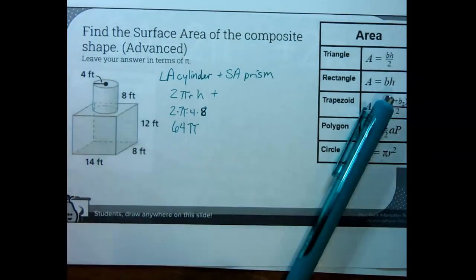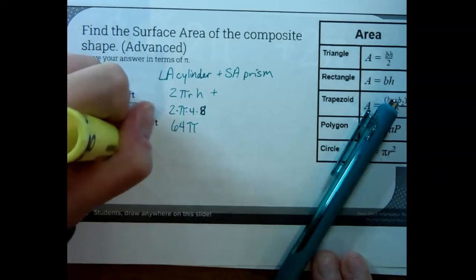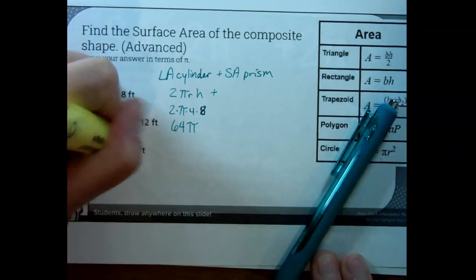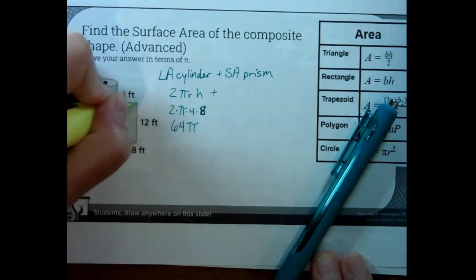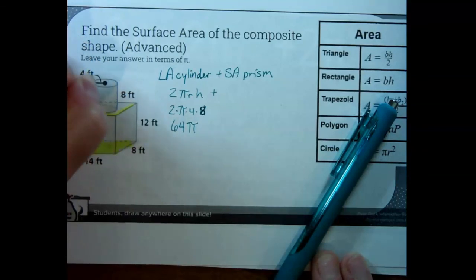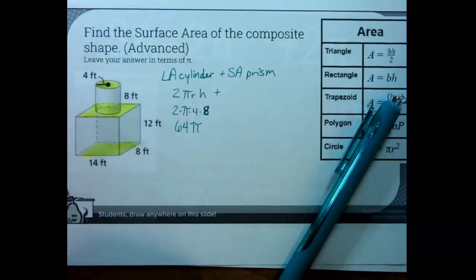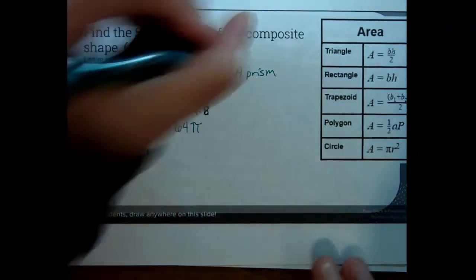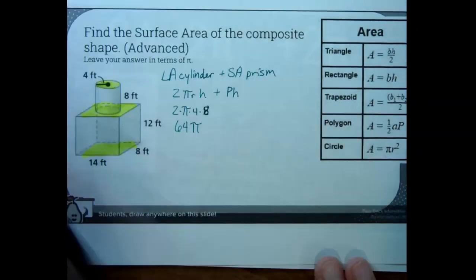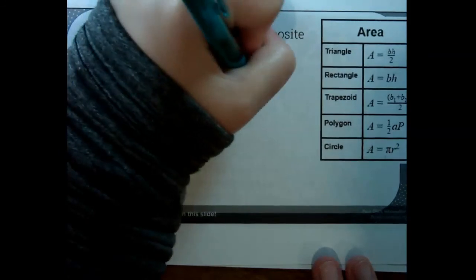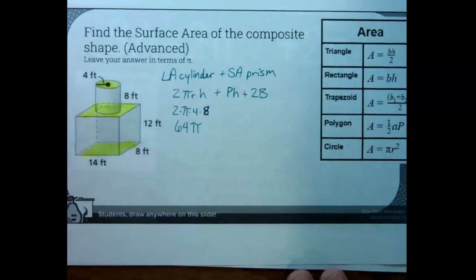Okay, the bases are going to be the bottom and the top. There we go. We'll also color in that base, why not? Alright, so perimeter of the base times height plus 2 times the area of the base.